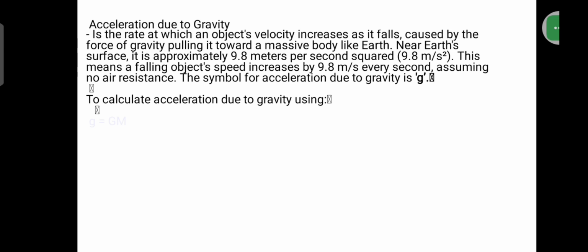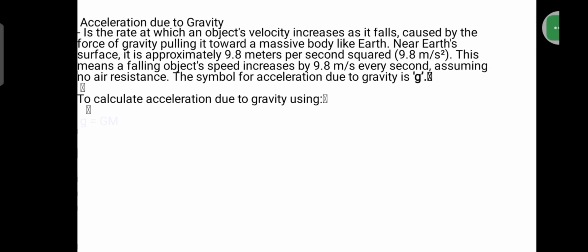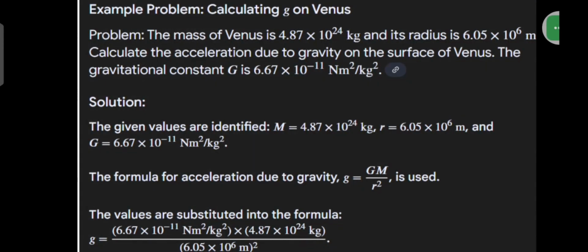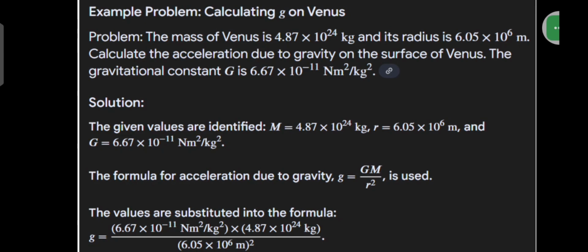To calculate acceleration due to gravity, we use the formula g is equal to G times M over R squared. So, our sample problem here is calculating the g on Venus.